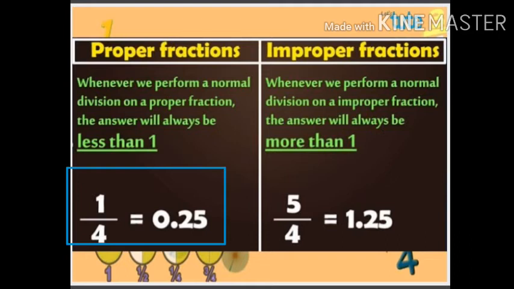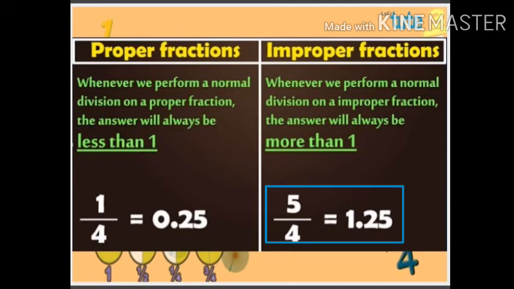Example for proper fraction, 1 by 4 is equal to 0.25, so 0.25 is always less than 1. Next, improper fraction. Values of improper fractions are greater than 1. Example, 5 by 4 is equal to 1.25, so it is greater than 1.